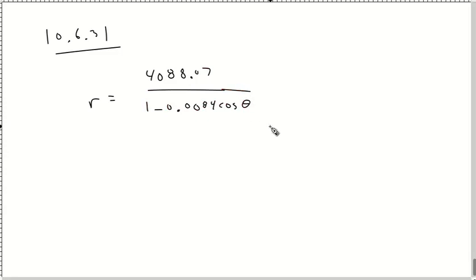And it says, how far is it when it's furthest away? Let's just start with that. So how far away is it when it's furthest away? Well, let's just see that this is a negative directrix. This is definitely an ellipse. And I don't know all the specifics, but there's a focus right here. I have a negative directrix. And so it's going to do something kind of like this.